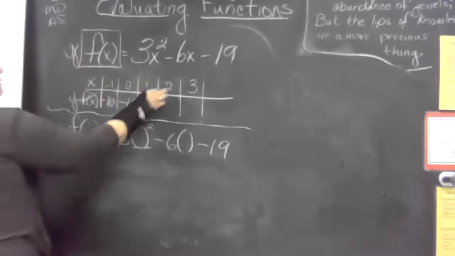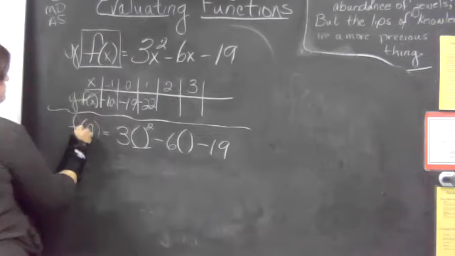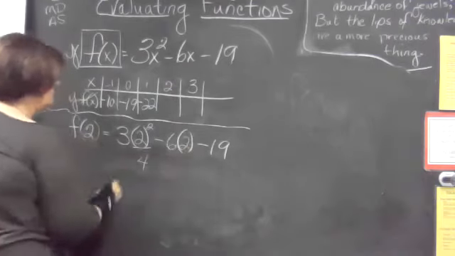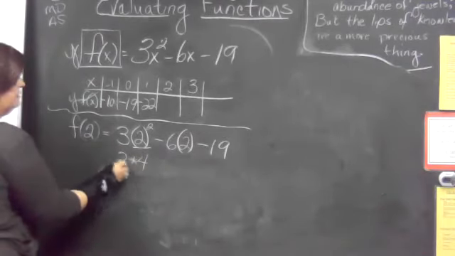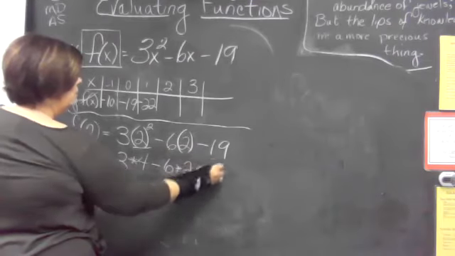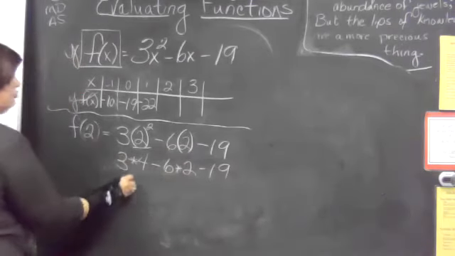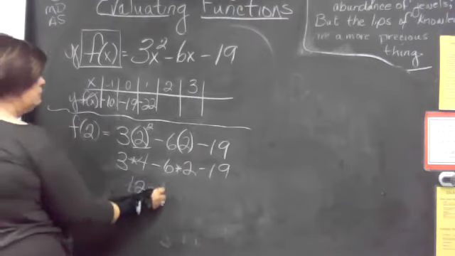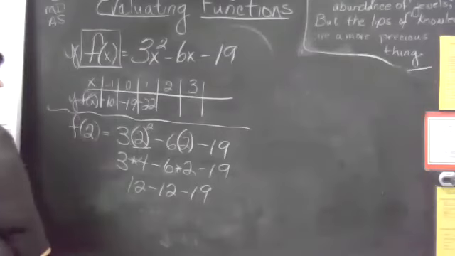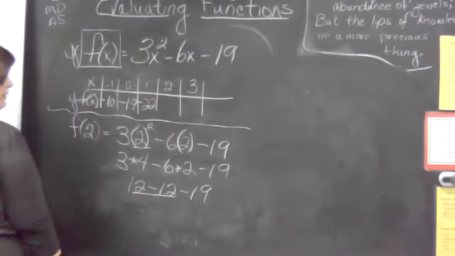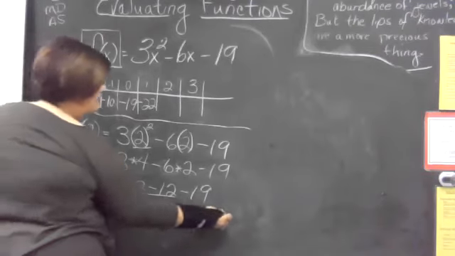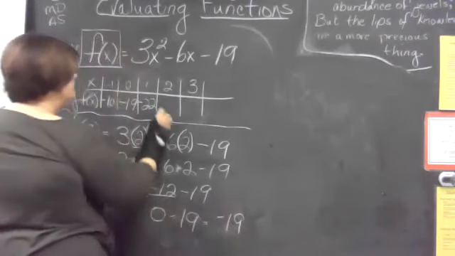Now we're going to plug in x equals 2. So now I have a 4 times 3 minus 6 times 2 minus 19, 12 minus 12 minus 19. 12 minus 12 is 0, minus 19 gives us a negative 19.